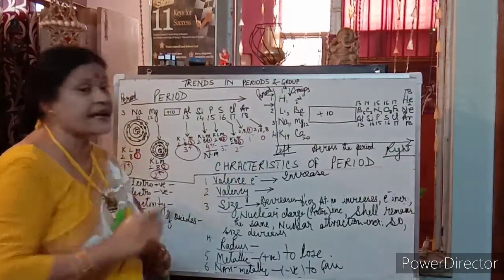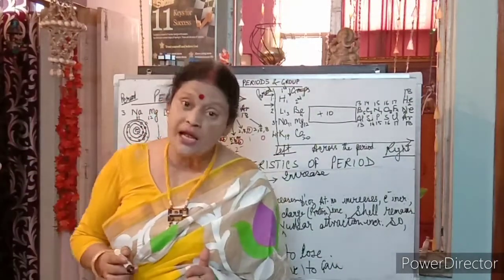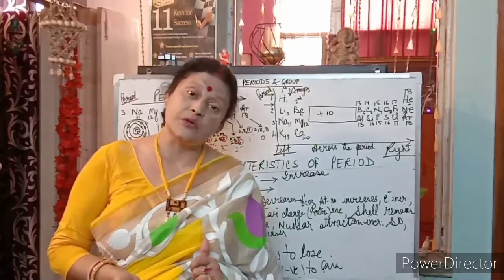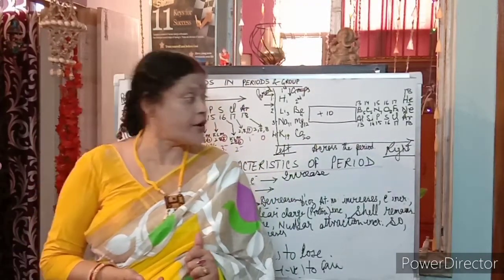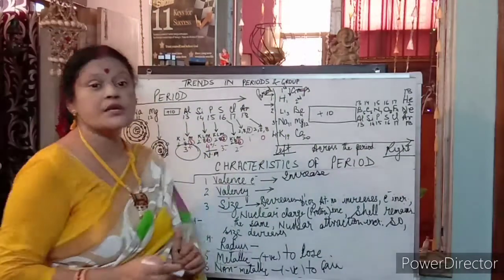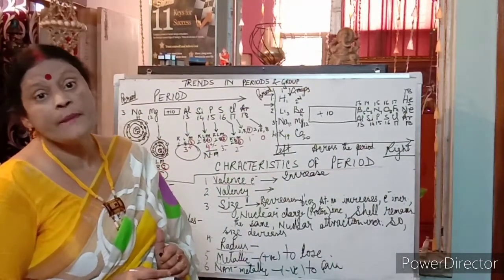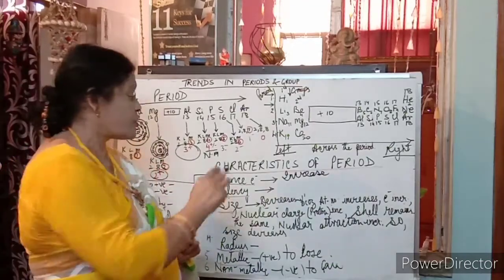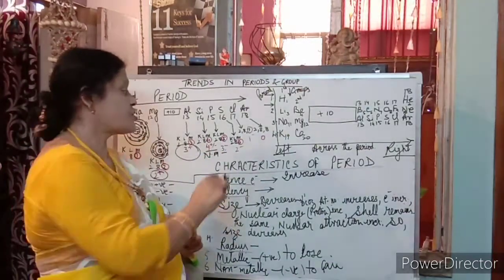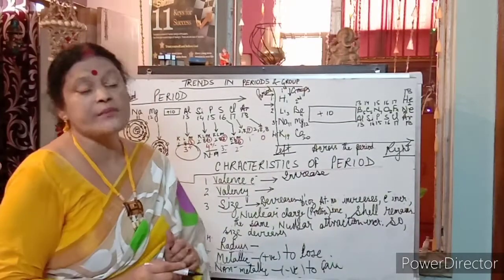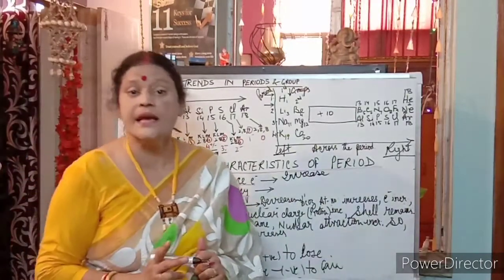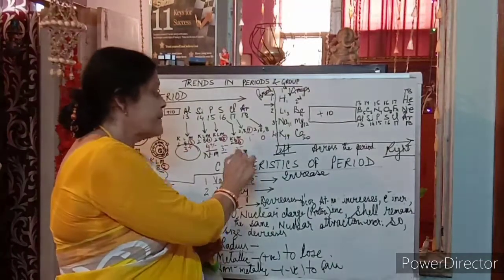The shell has to be complete, so that is how many it loses or gains, and that shows the valency. Here 5 cannot lose, so it will gain 3 electrons, so we put 3 negative. For oxygen and sulfur, 2, 8, 6, it has the ability to gain 2 electrons.